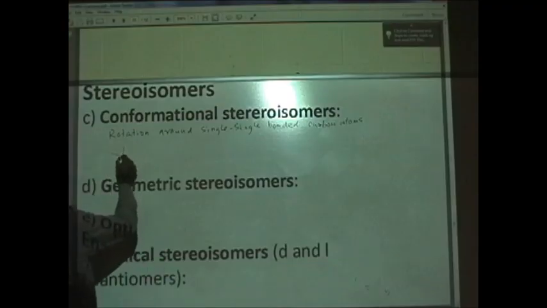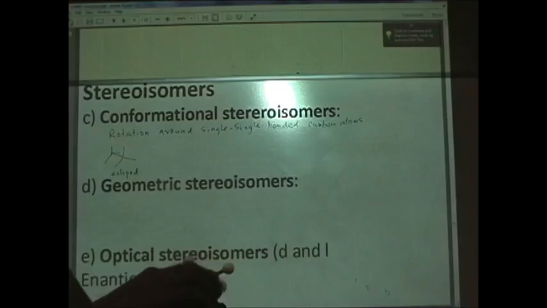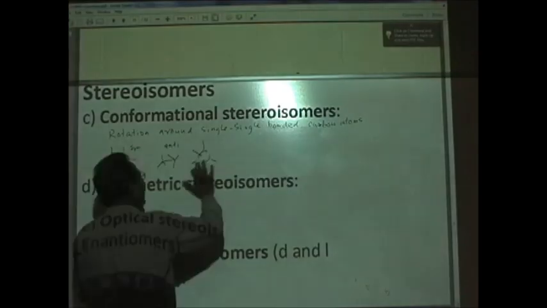You have this, like this. It's called eclipsed. What do you mean by eclipsed? Lined up with each other, right? Eclipsed is like the sun and the moon, like they are lined up. This has more energy because of the repulsion, right? This is one of the conformations.